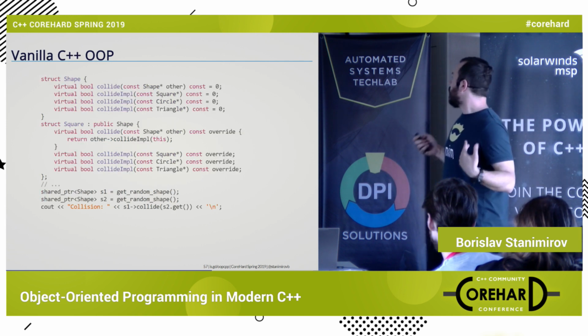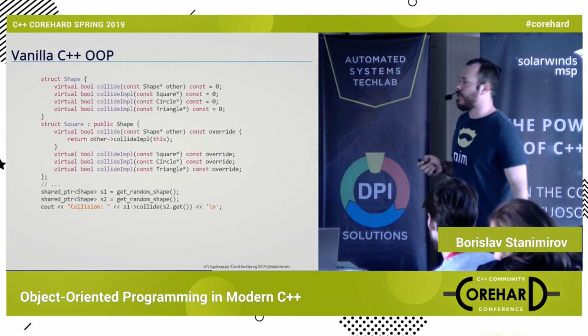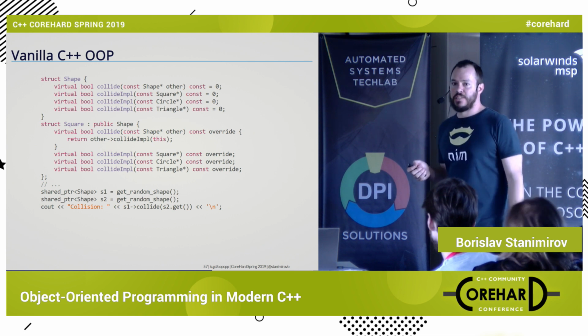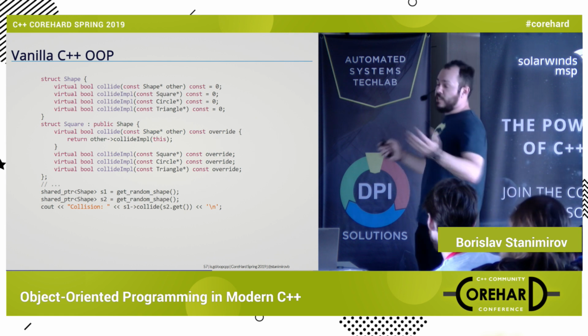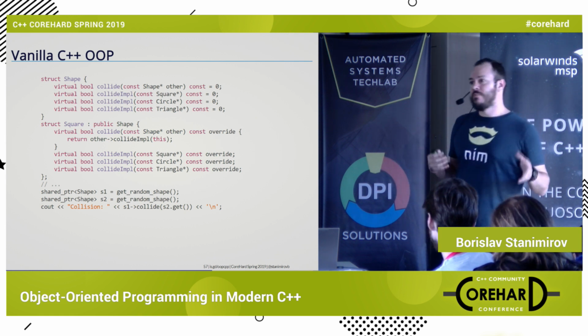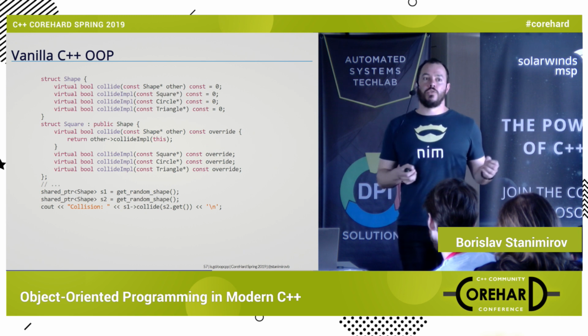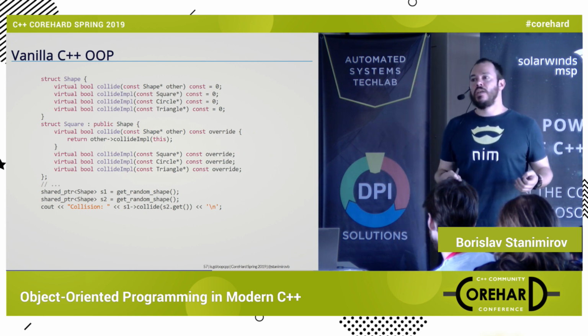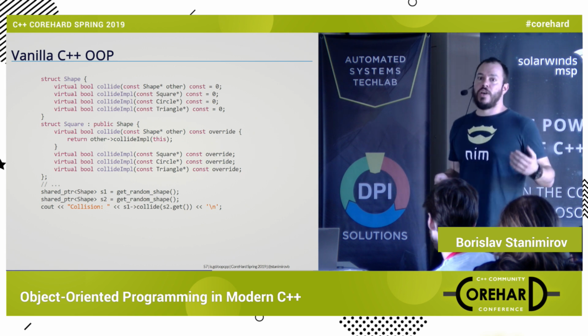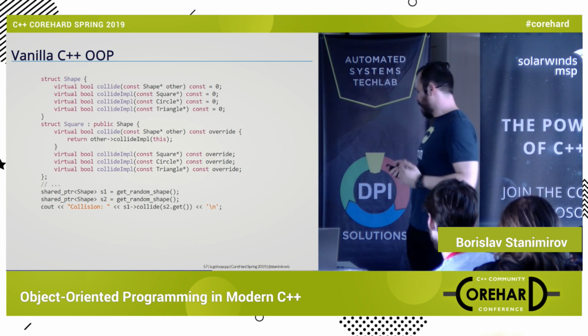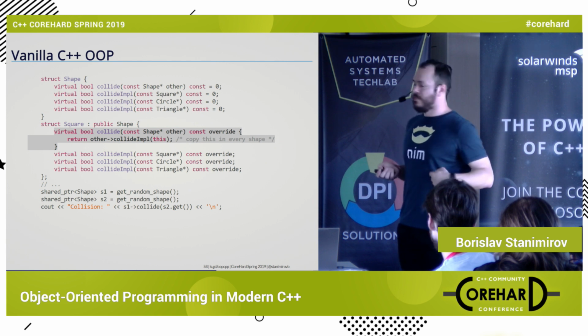So we can continue. OK, so first of all, let's try to do it in vanilla C++. I'm sorry, I just went ahead of myself. I was so excited. So in vanilla C++, in order to have a virtual function which is virtual by several of its arguments, you cannot just do it in C++. The virtual table is part of the object, so you have to have this jump collide.